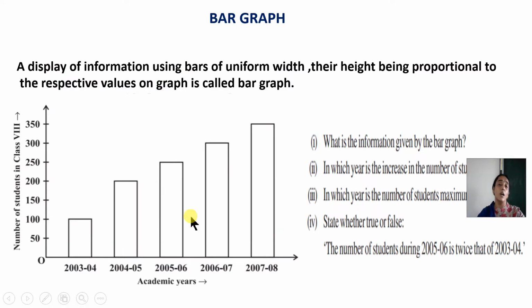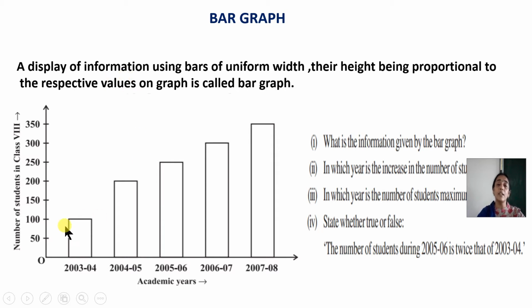Now, a bar graph. What is a bar graph? A display of information using bars of uniform width, their heights being proportional to the respective values, is called a bar graph. You can see it is a uniform width. So this is the definition of a bar graph.